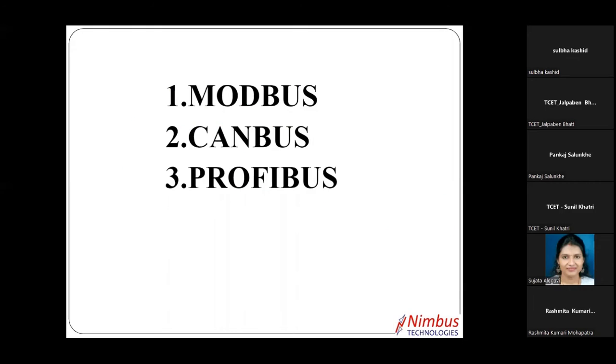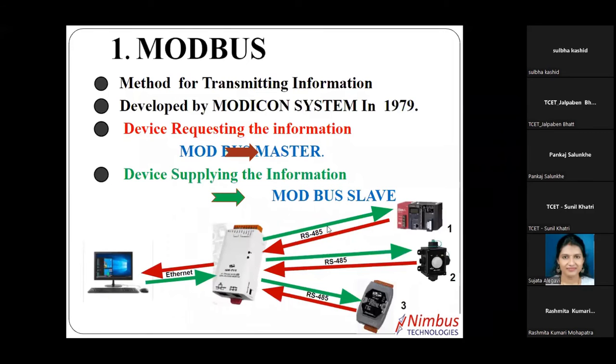Here I use the RS485 standard to communicate between these three slaves, slave number 1, 2, and 3. Whenever I communicate with the Modbus protocol, each and every device is identified by a unique slave ID: 1, 2, 3. We can't repeat it again and again. So it is RS485 communication.